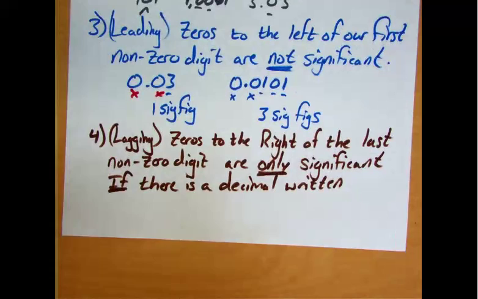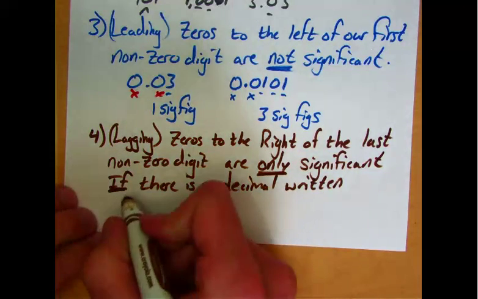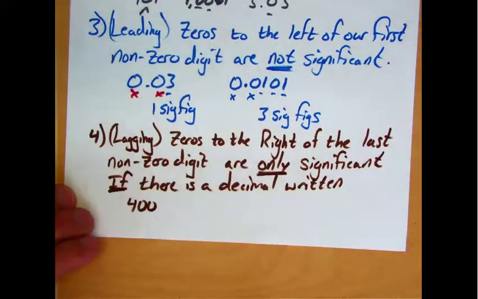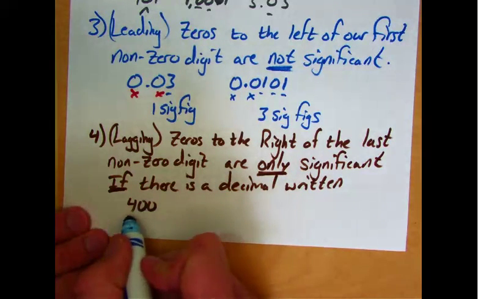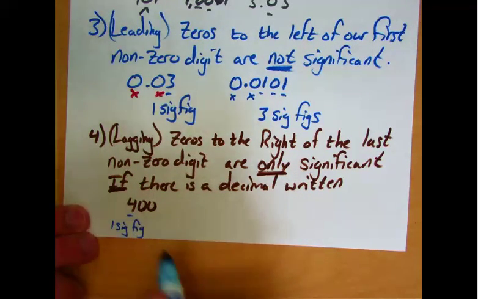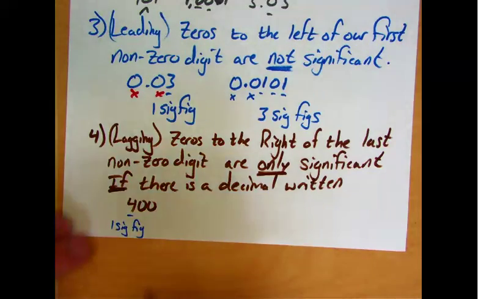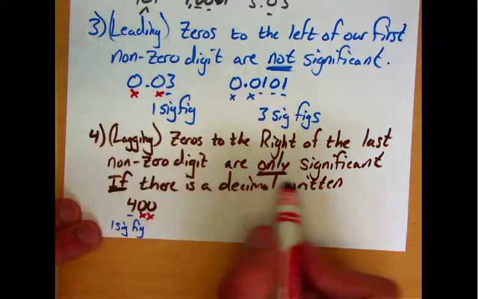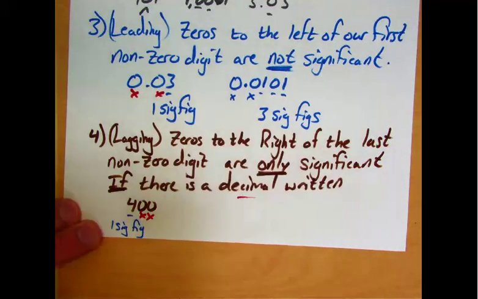So my examples for this one are the number 400. The way it's written right now, it only has 1 sig fig. So that means both of those zeros are non-significant because there is not a decimal written.